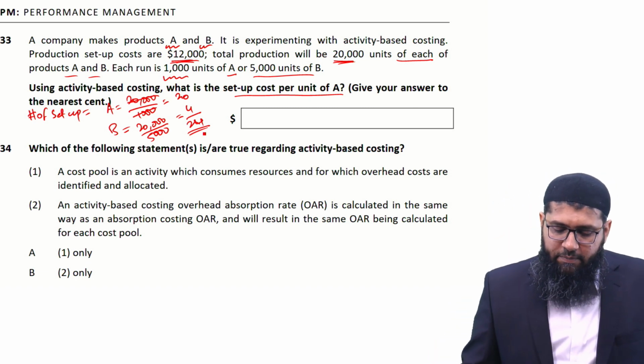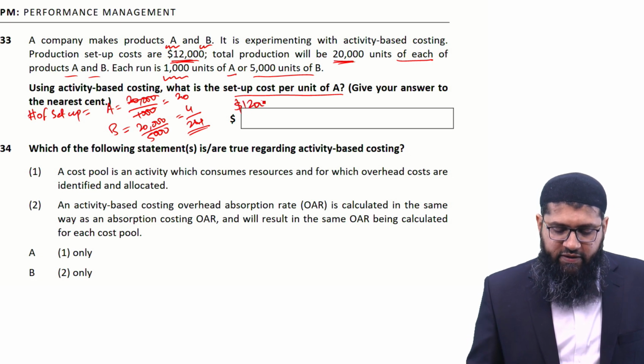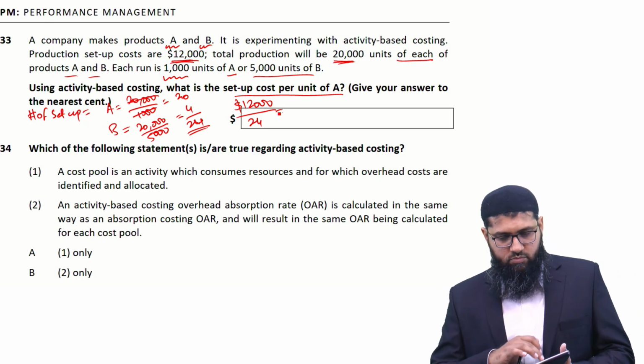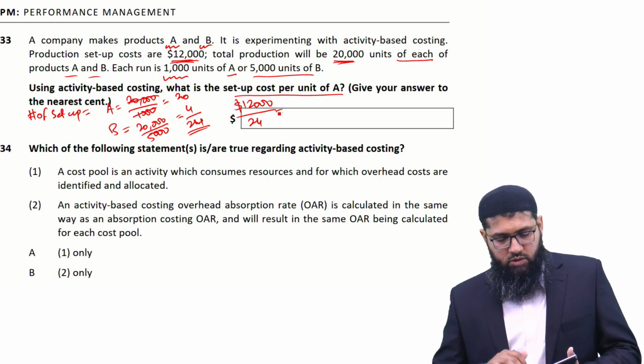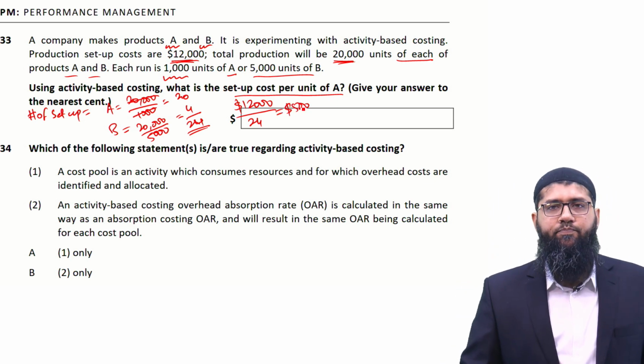When we talk about the production cost, it says $12,000 is the setup cost divided by 24. So how much do you get? You get the cost to be $500 per setup.